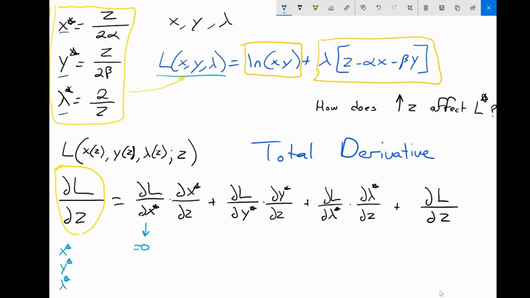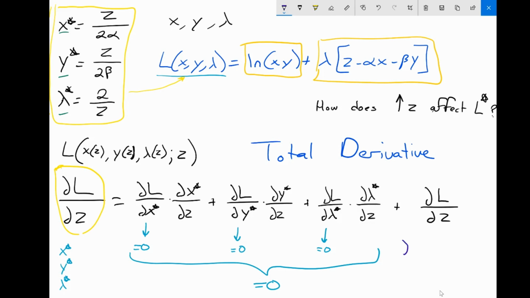The derivative of L with respect to y at y star is equal to 0. The derivative of L with respect to lambda at lambda star is equal to 0. That means that all of the partial derivatives equal 0.